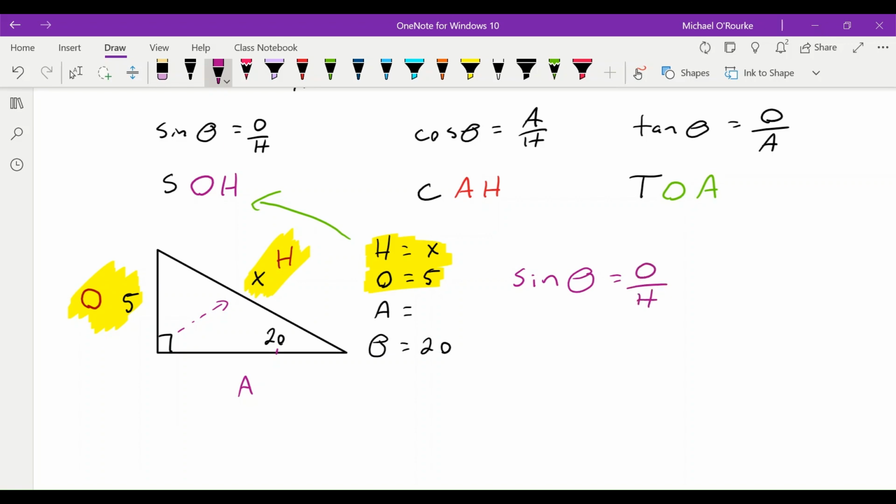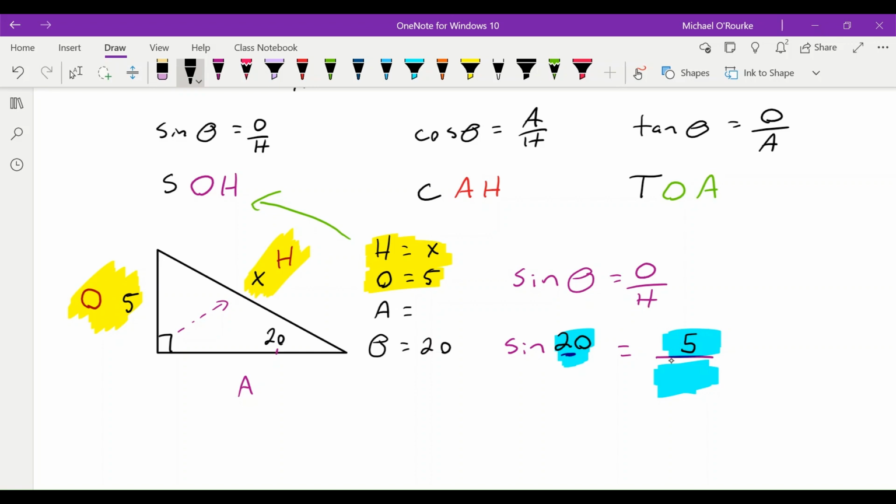Now let's plug in everything we know. We're going to fill in these blank spots. The question is, what is my theta? Well, it's 20, so I'm going to write 20 right there. What's my O? O's on top, so that's 5.